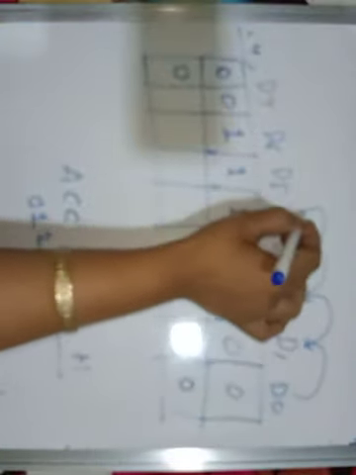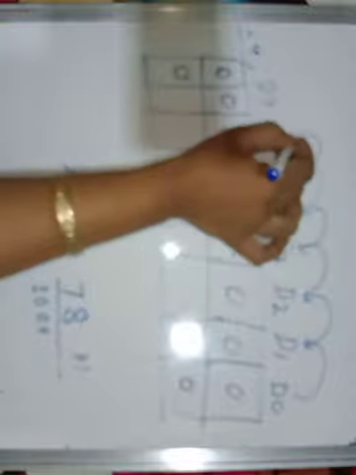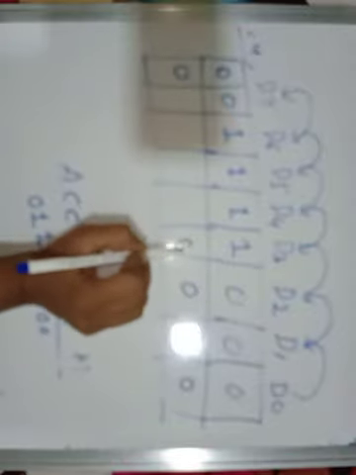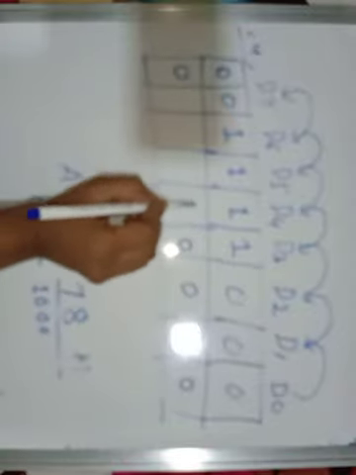Okay, now shift the bits from D0 to D1, D1 to D2, D2 to D3, then D4, D5, D6 and D7. Means the bit of D0 will come into the place of D1, D1 will come into D2, D2 at the place of D3, D3 at the place of D4, D4 at the place of D5, then D6, then it will come into D7.